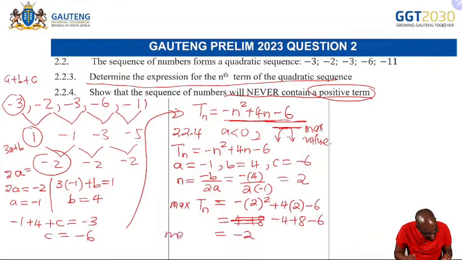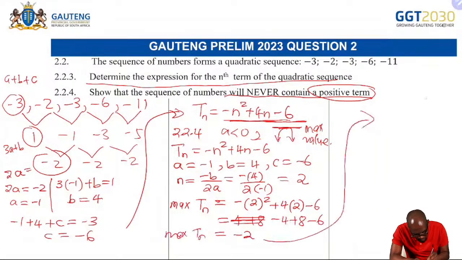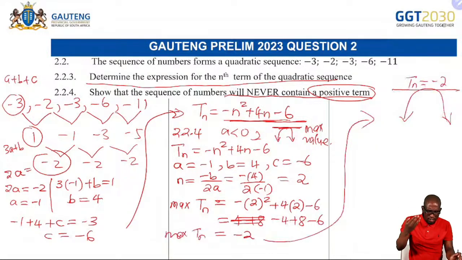So the maximum value here is Tn max equals negative 2. This tells you there will never be a term in this sequence that is bigger than negative 2, because we found the max value. So there won't be any term that is bigger than negative 2. What does that mean?